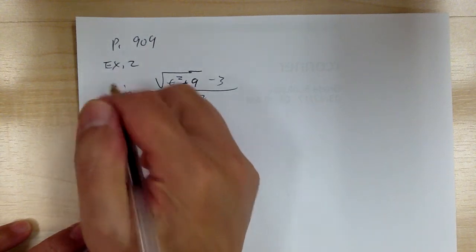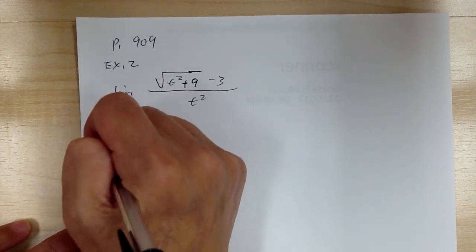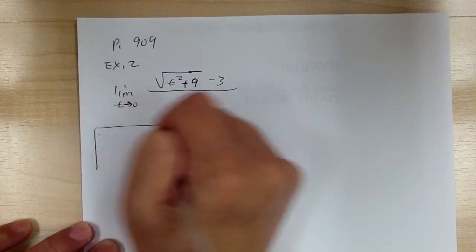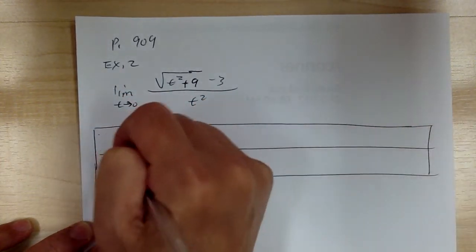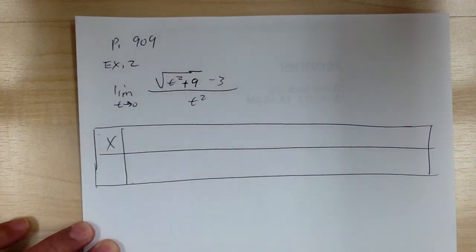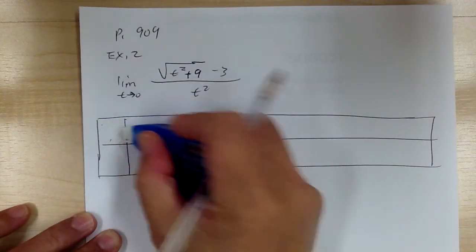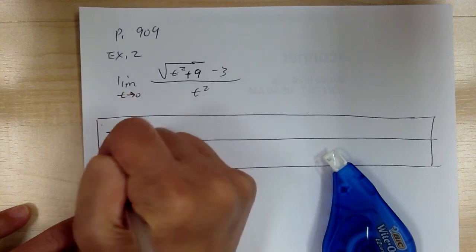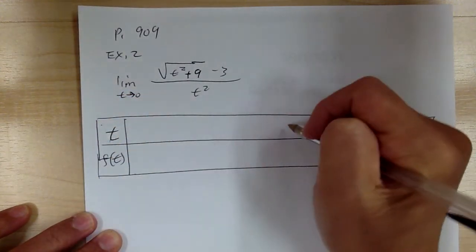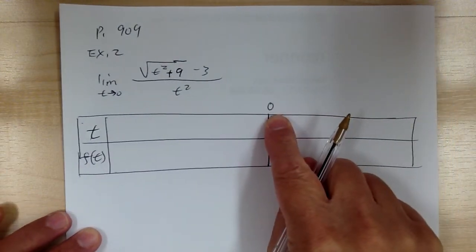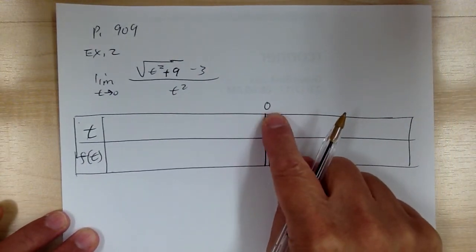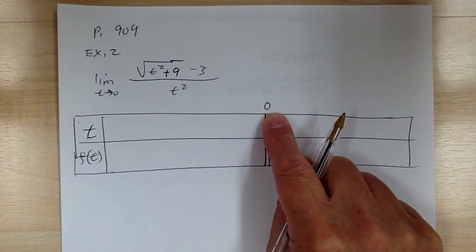So again, you go and make a table. You've got t and f of t, and I'm going to cut here. The middle is the value you're not allowed to have. So you want to get to 0.